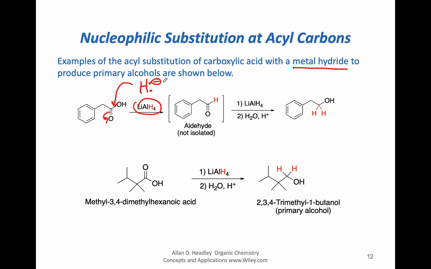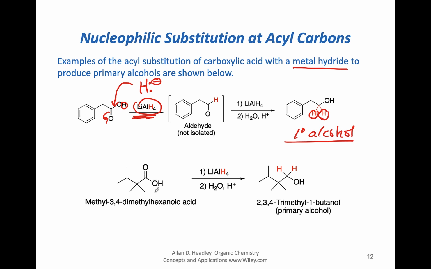As you'll see in the book, this is a very strong base, so it's going to take off this hydrogen first. So it has two oxygens. One leaves, and of course another hydride comes in, so you end up with a primary alcohol. So these two H's here are coming from the lithium aluminum hydride, the reducing agent, to form your primary alcohol.